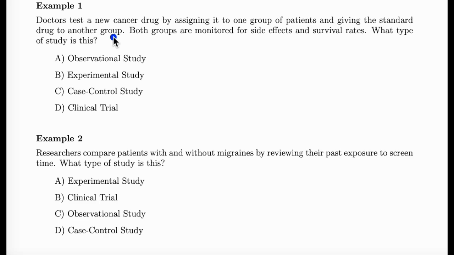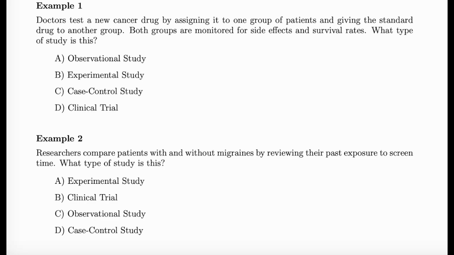Now, because this is a medical study that involves assigning treatments, it's being monitored for outcomes, and since it's in the medical context and we're actually applying some kind of treatment, this is going to be a clinical trial. It's an experimental study, but specifically in the medical field. So for this one, the answer we would choose would be D, clinical trial.